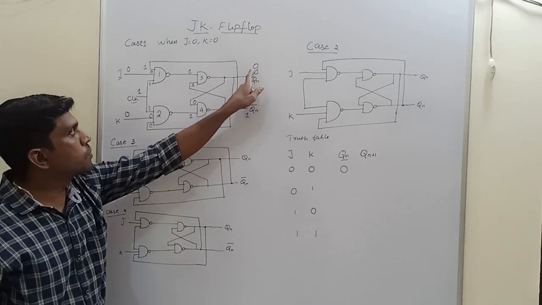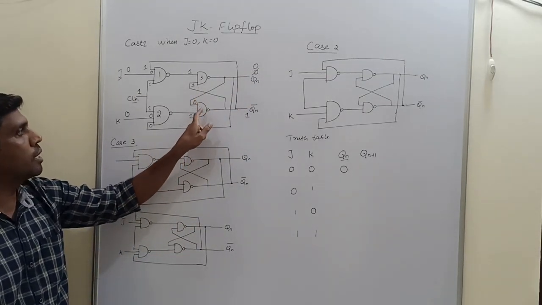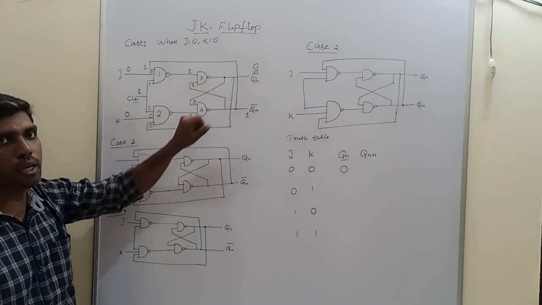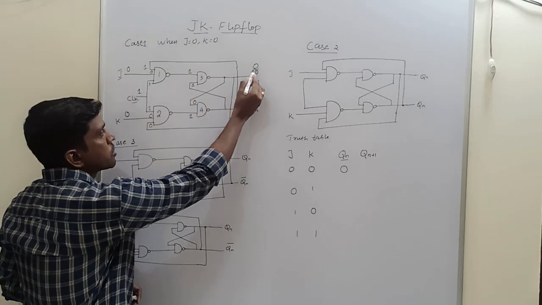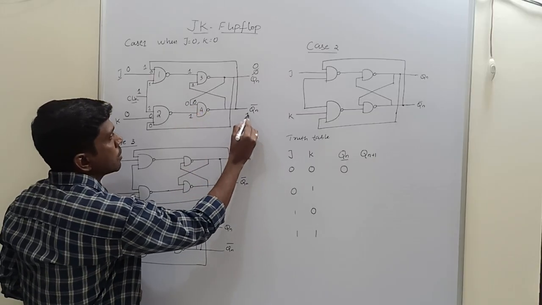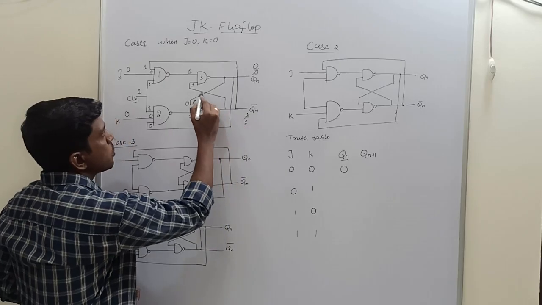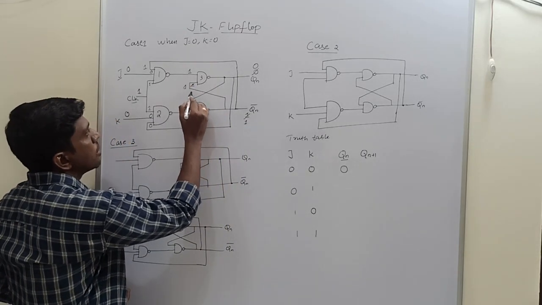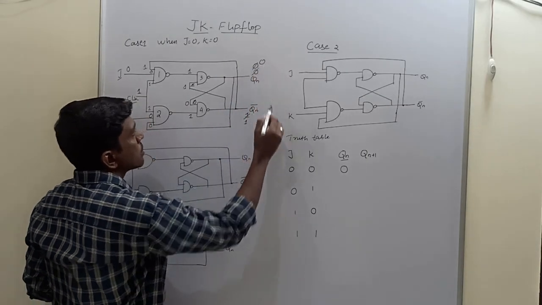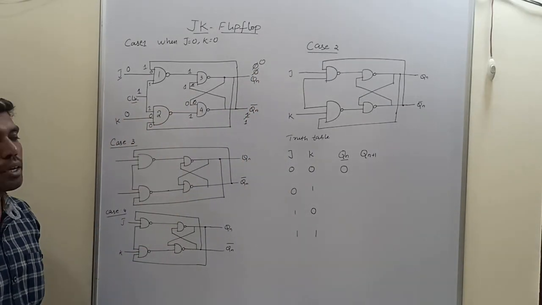Again this value is fed back to the fourth NAND gate, and Qn bar is fed back to the third NAND gate, because the output is not yet stable. So this 0 is again fed back here. So 0 1 1, and this 1 is fed back to the third NAND gate input. So 1 1, this value is 0. So it's a stable output.